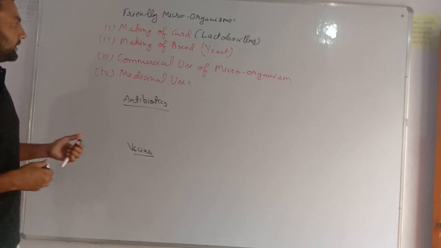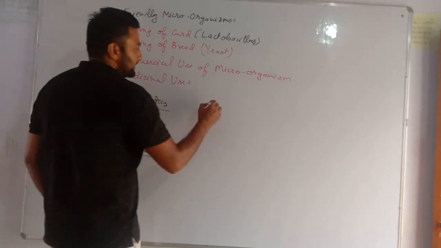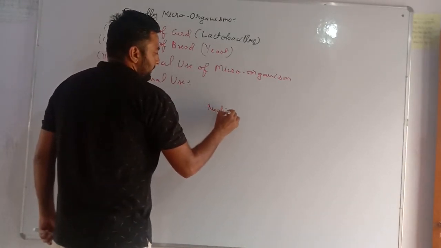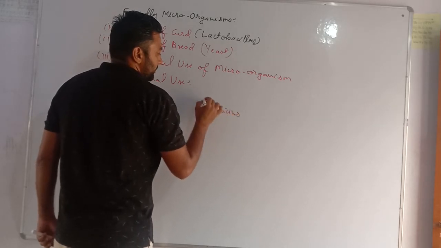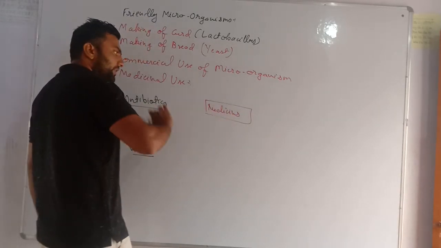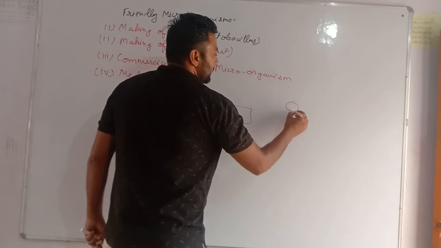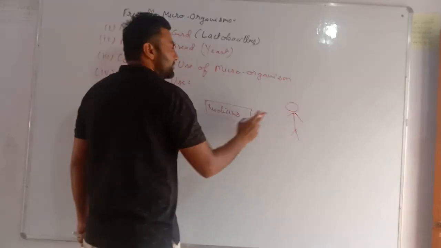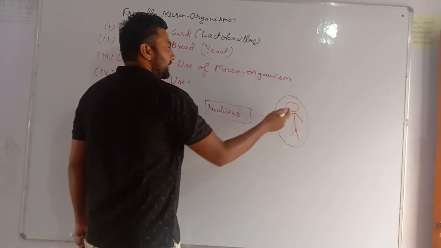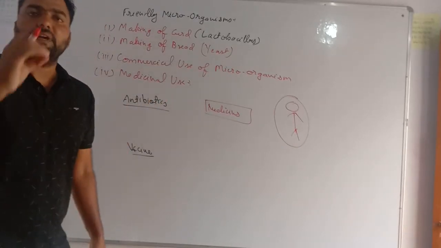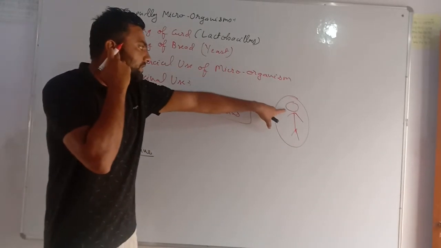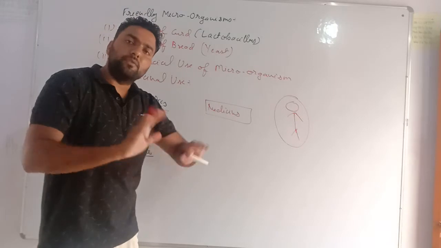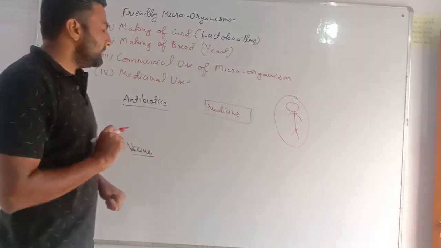See, my dear students, antibiotics are medicines or tablets which, if any person consumes, he or she will become okay. If I say okay, it means if he or she has a disease, then the disease will be cured. How?